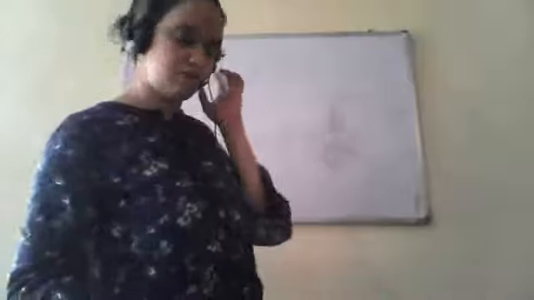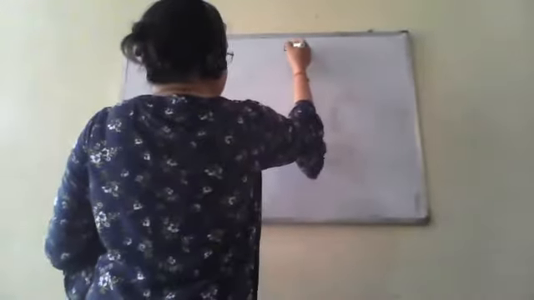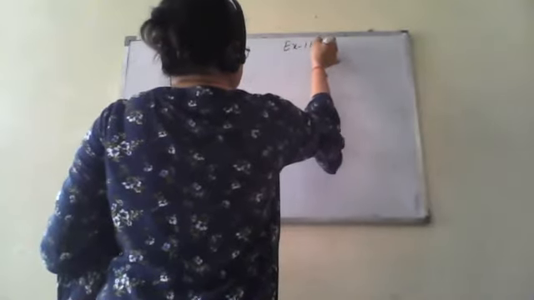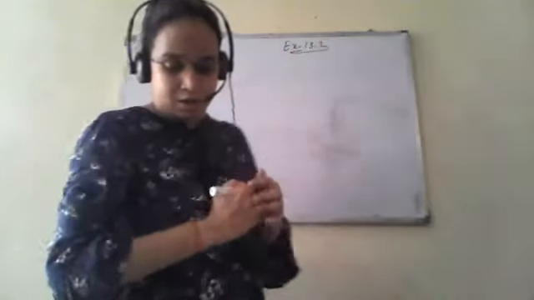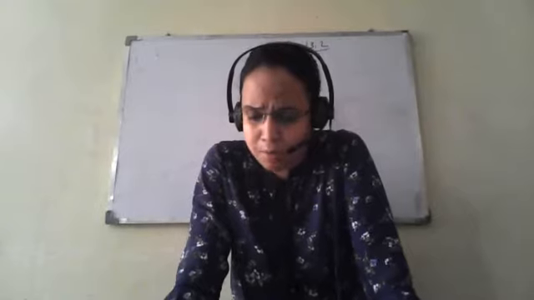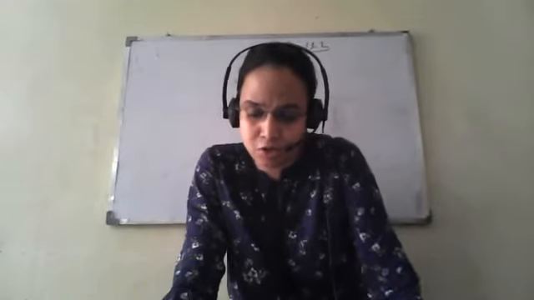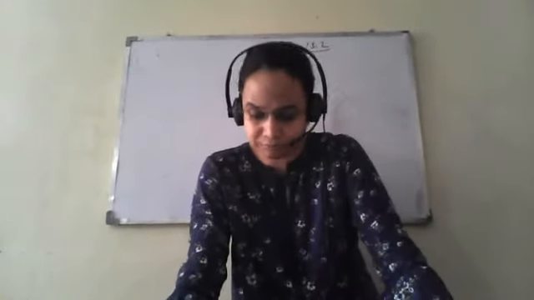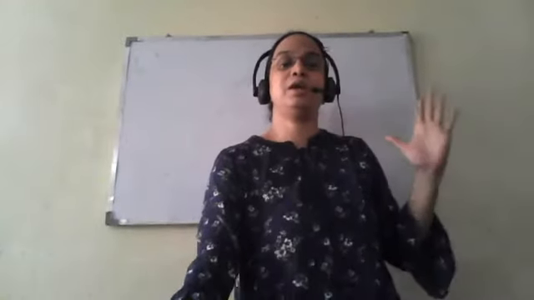First question, we will see what it says. This is almost an oral question. So here it is, exercise 13.2. Clear? So we have to check which of the following are in inverse proportion. The first is number of workers on a job and time to complete the job. Now what is it?